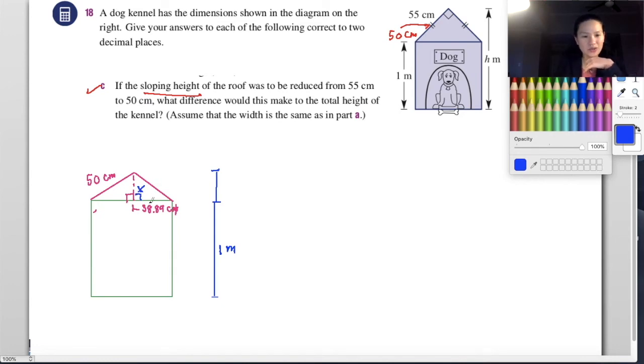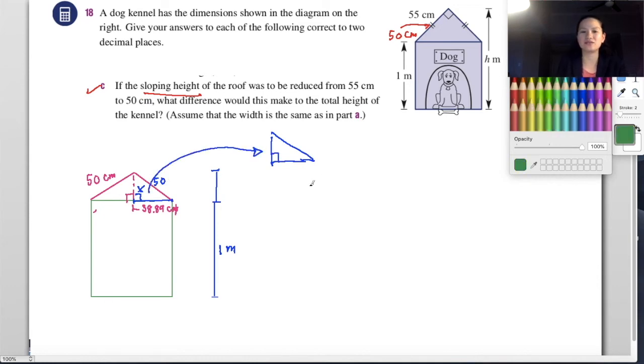Okay. You know, just this point is 38.89, and the hypotenuse is 50. Okay, I write out this one again in case you want to see it properly. Could be like this. Yeah, I just put this part here.